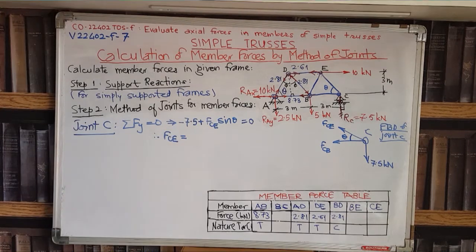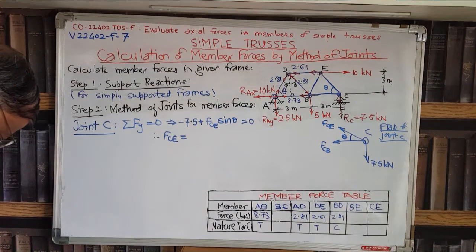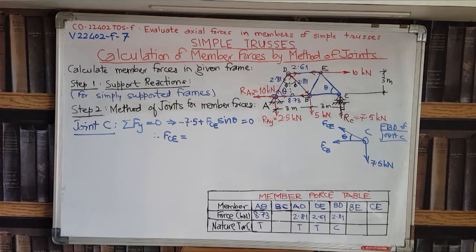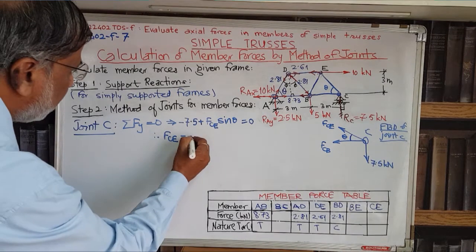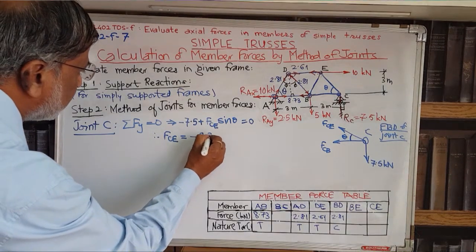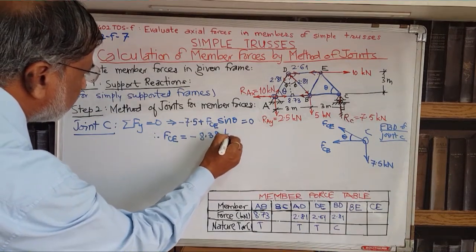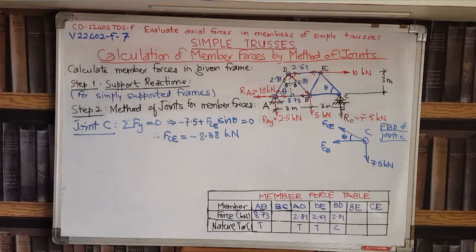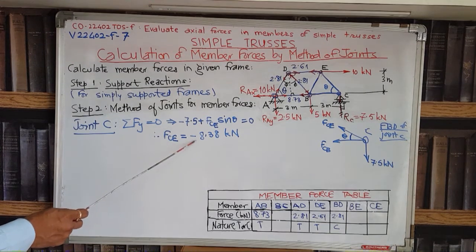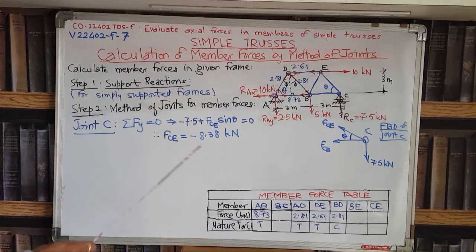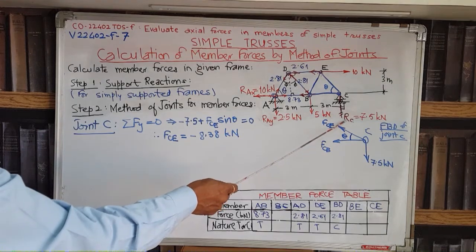From this equation we get FCE equal to minus 8.38 kilonewton.